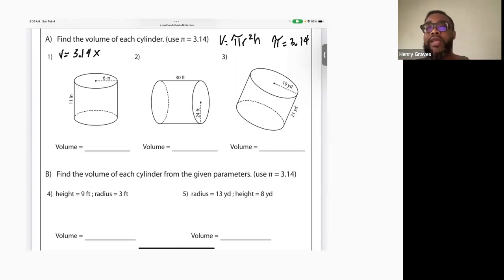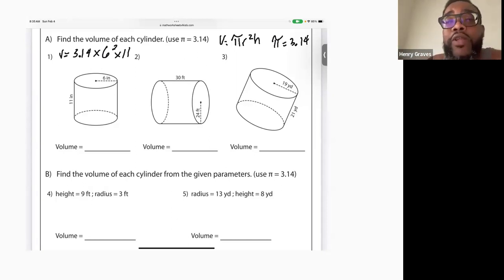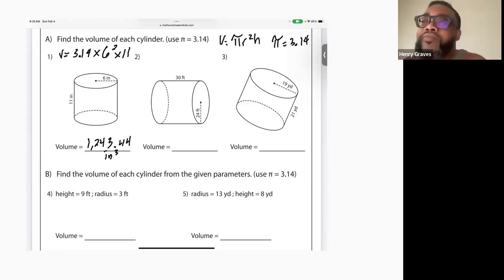So I get my calculator: 3.14 times 6 squared times 11 gives me 1,243.44 inches. And we're still going to do to the third power because that's always cubic. Always. Okay? Good stuff. Now I'm going to move on to the next one, number 2.